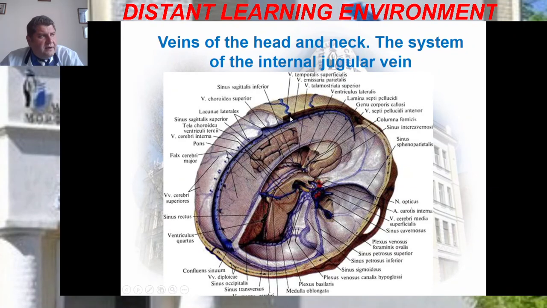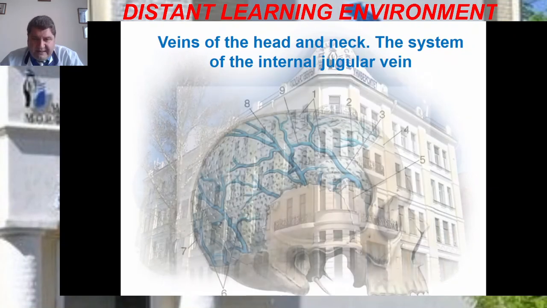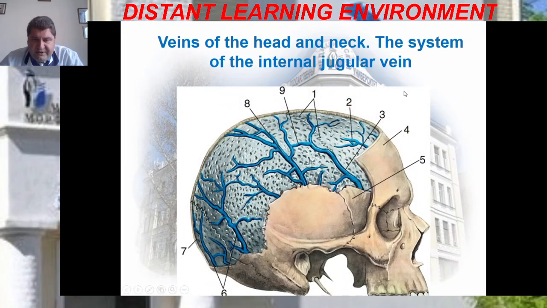They are called emissary veins. On this picture you may see the diploic veins: temporal anterior and posterior, parts of the frontal, and also the occipital diploic veins.